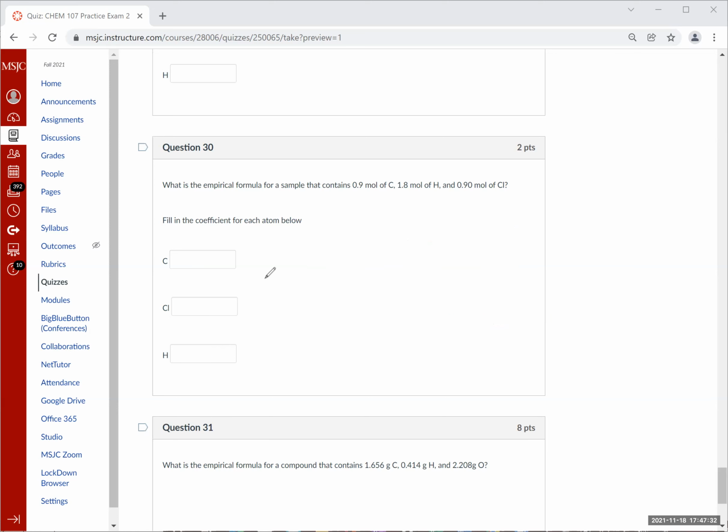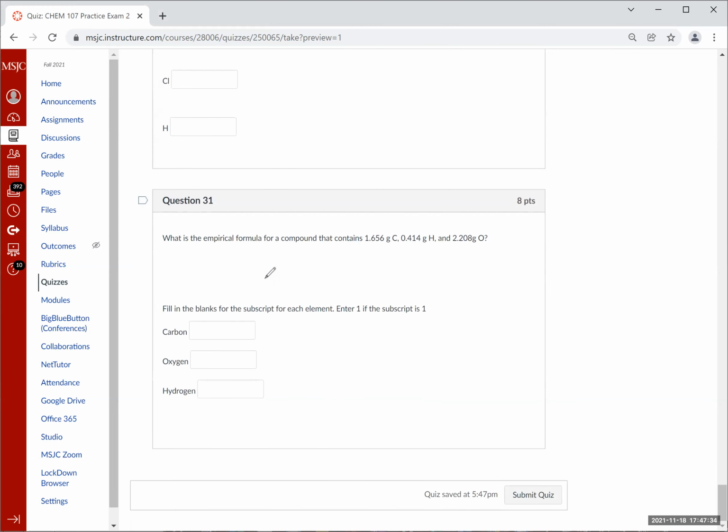Okay. So let's look at an empirical formula calculation from mass. In this case, we need to figure out the moles. So the moles of carbon, we have 1.656 grams of carbon, and we know in 1 mole of carbon, we have 12 grams. So that gives us 0.138 moles of carbon. We have 0.414 grams of hydrogen.